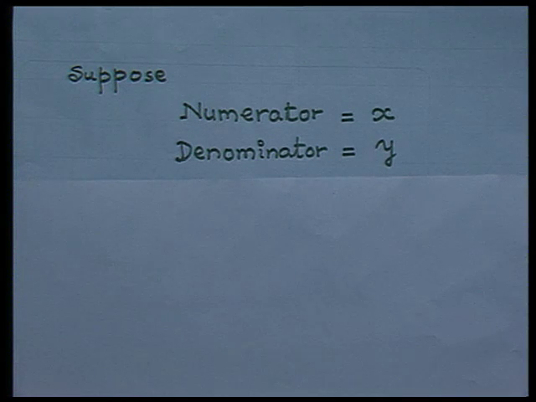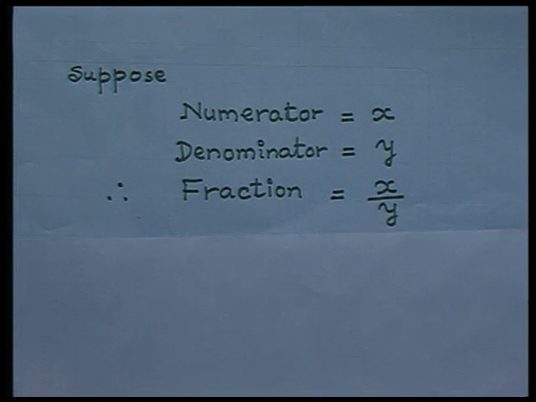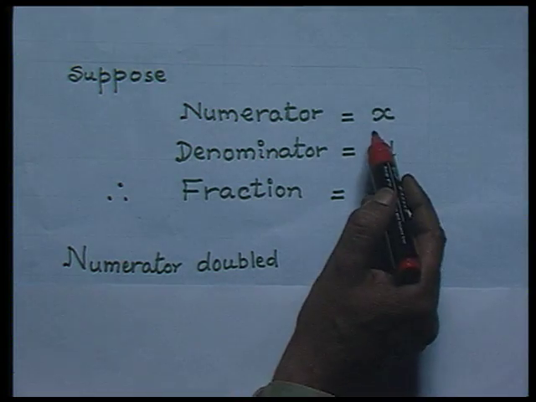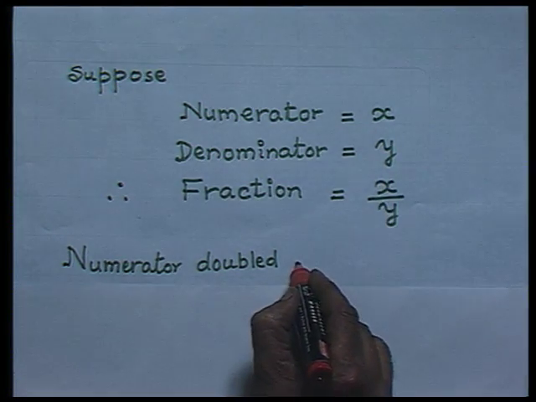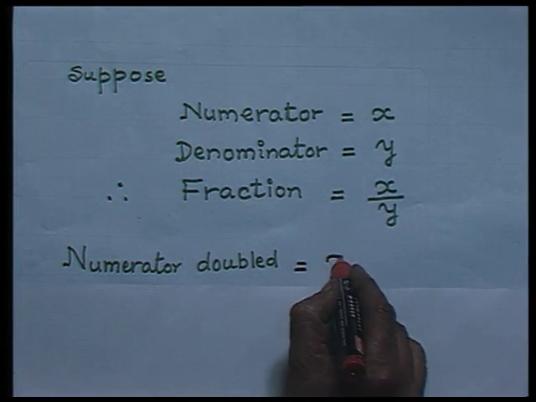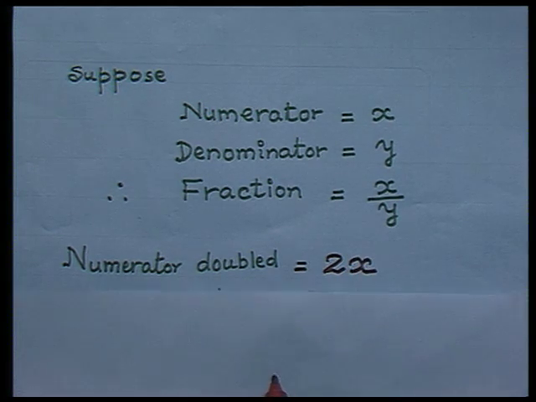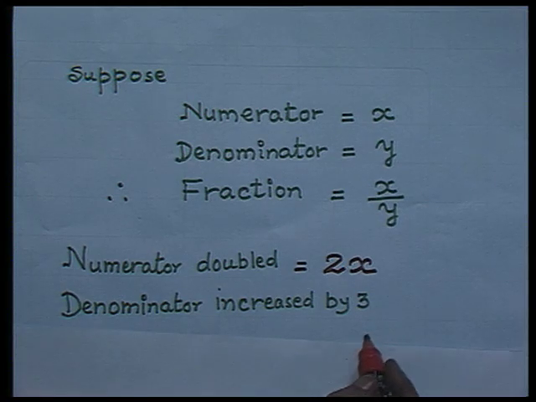Now the next condition was that the numerator is doubled. The fraction is x over y. When the numerator is doubled, it becomes 2 times x, so on doubling the numerator we get 2x, and the denominator is increased by 3.